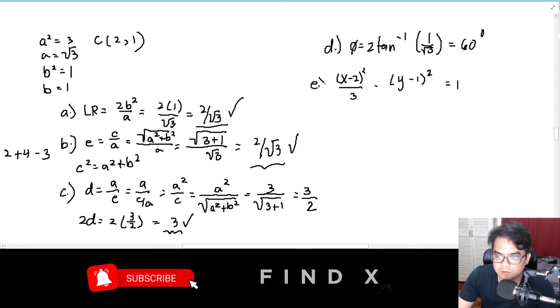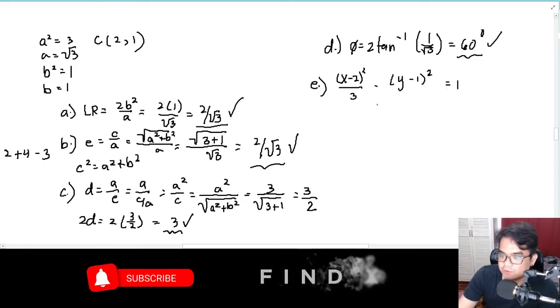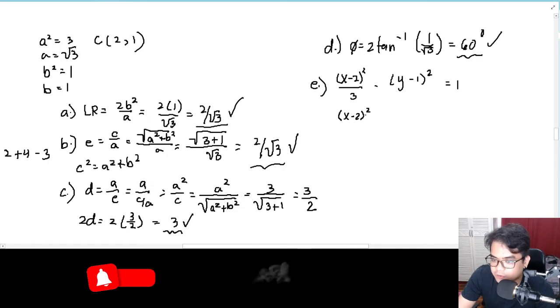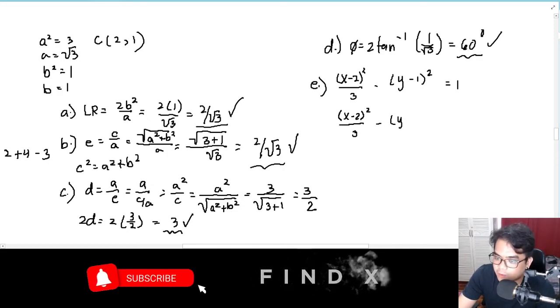This is letter E. So what we want to do is change 1 into 0 and then find the value for y in terms of x. So you'll have here (x − 2)² over 3 minus (y − 1)² equal to 0.